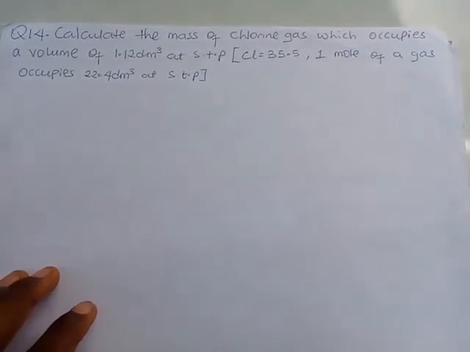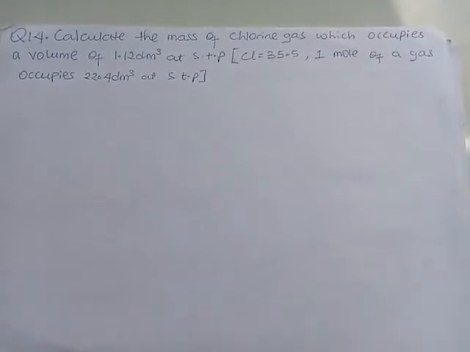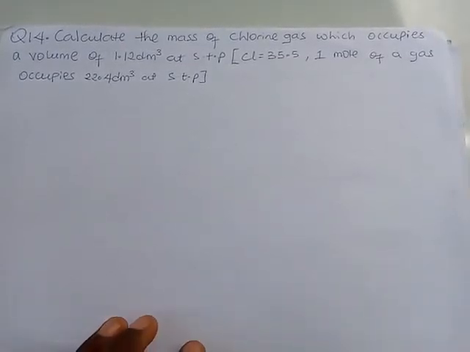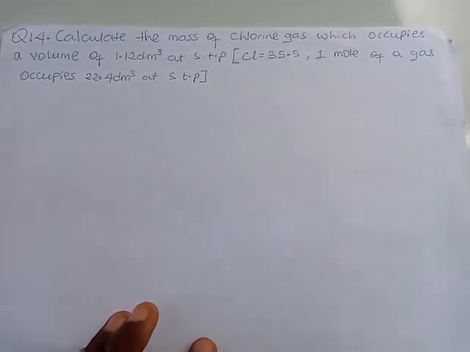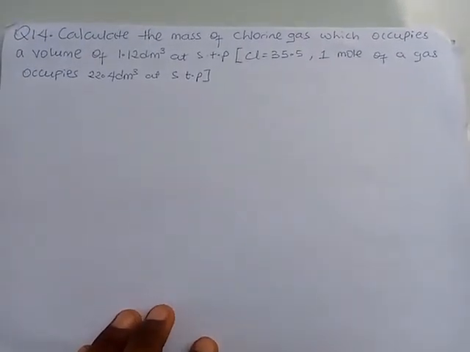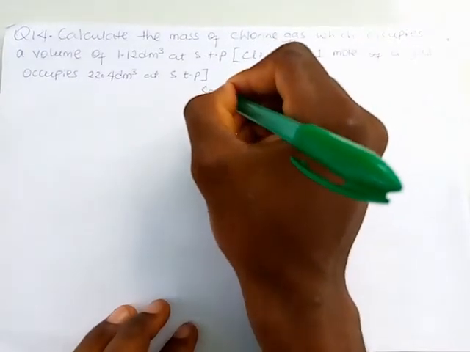And we're given the relative atomic masses of the elements. Here we have that chlorine is 35.5. And then we also have this hint that 1 mole of a gas occupies 22.4 dm cube at STP. It's as good as saying that the molar volume of a gas at STP is 22.4.